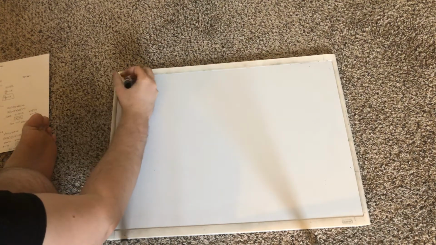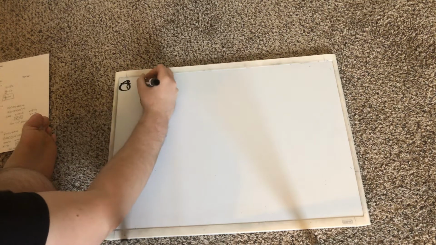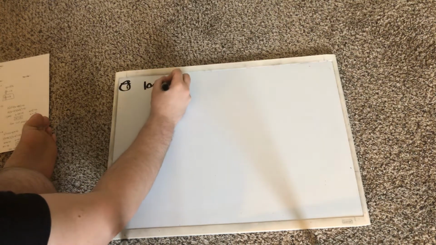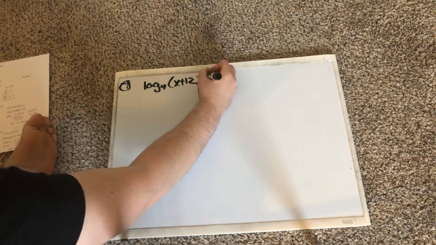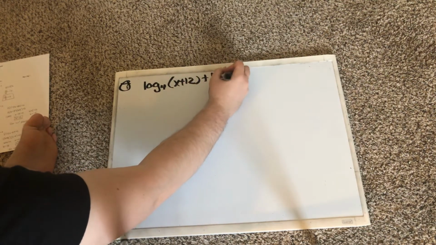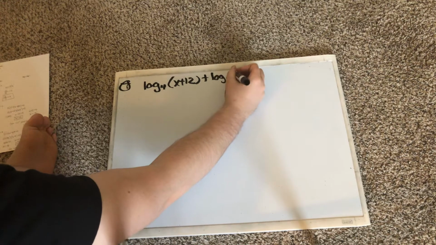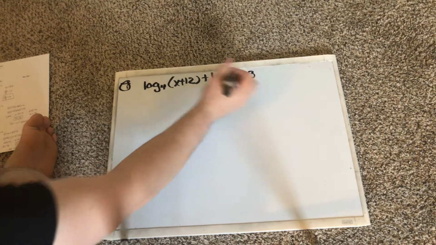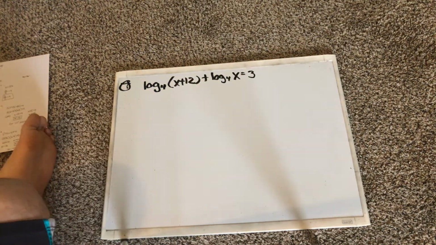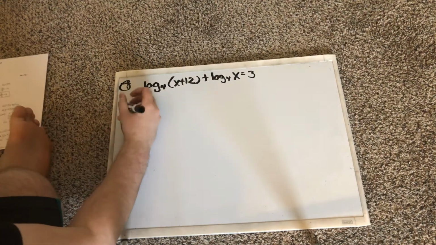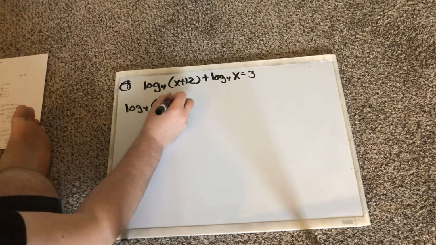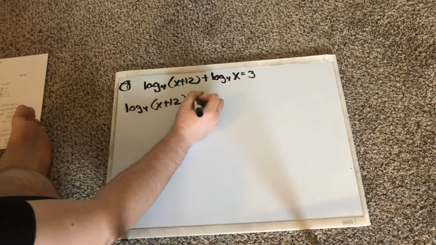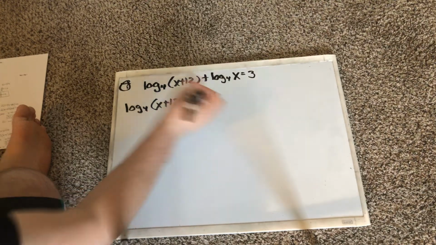Alright. Last but not least, number 7. Lucky number 7. Log base 4 of the quantity x plus 12 plus log base 4 x equals 3. Addition, we have to condense first. Addition means multiplication. So log base 4 of x plus 12 times x equals 3.